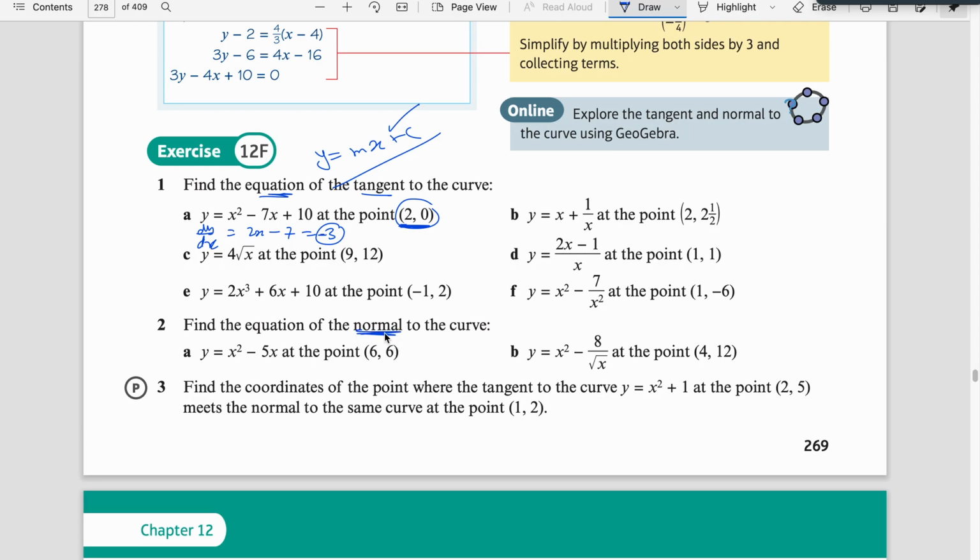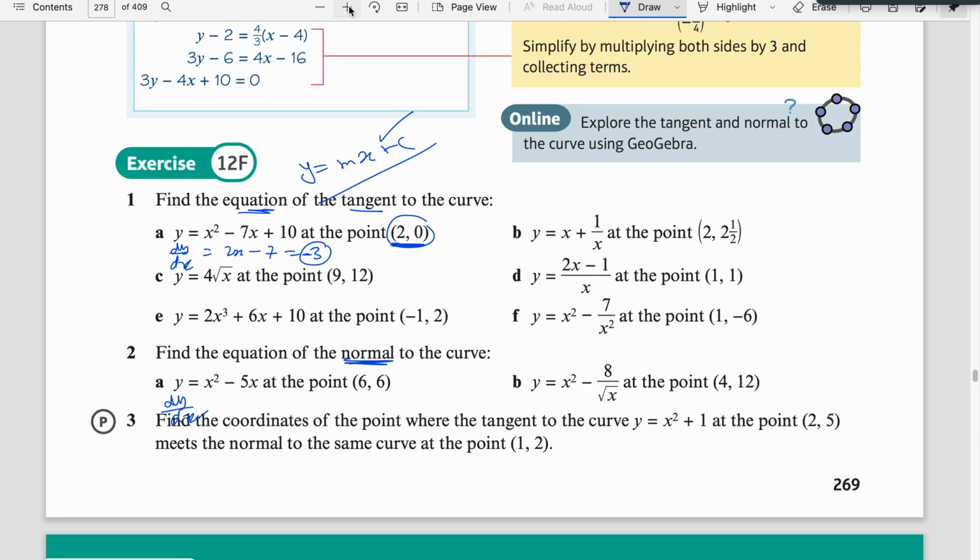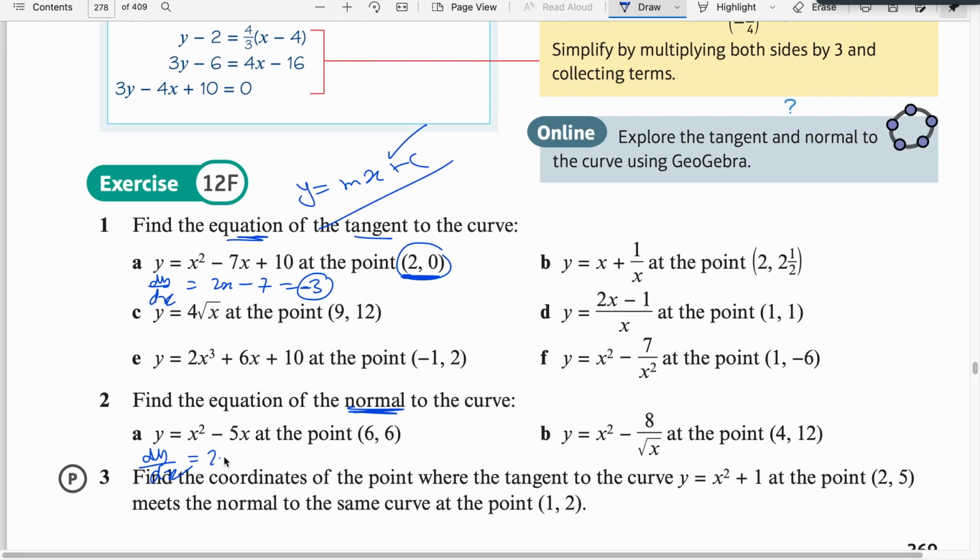For the normal, find the equation of the normal. There's one extra step. dy by dx is 2x minus 5 at x equals 6. So when you substitute 6, 2 times 6 is 12, 12 minus 5 is 7. Gradient is 7. What about the normal? m1 times m2 is equal to minus 1. 7 times m2 is equal to minus 1.